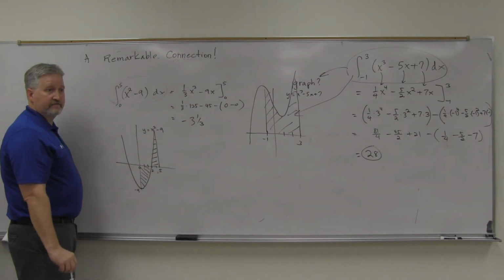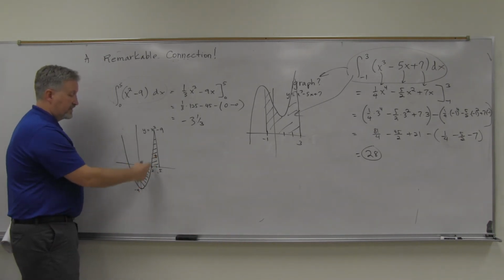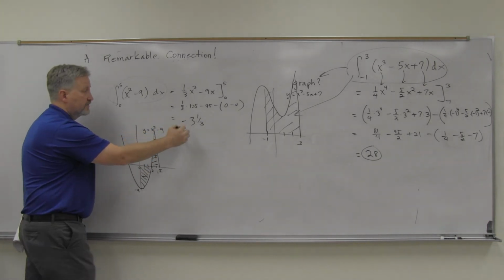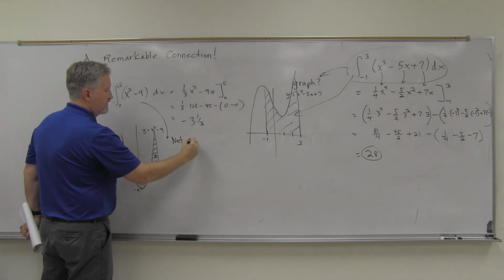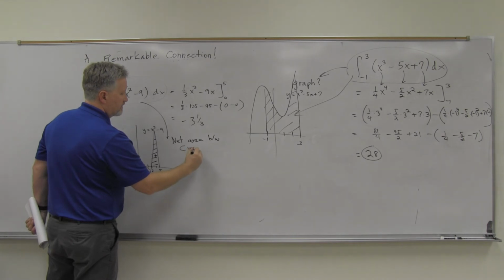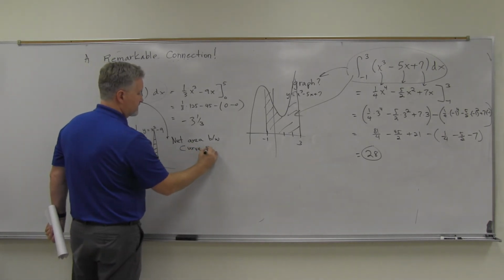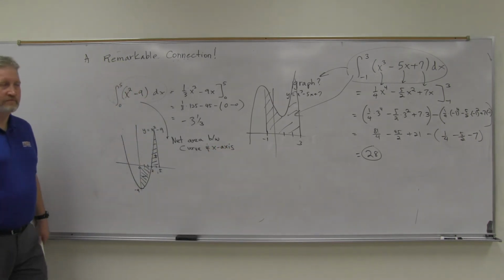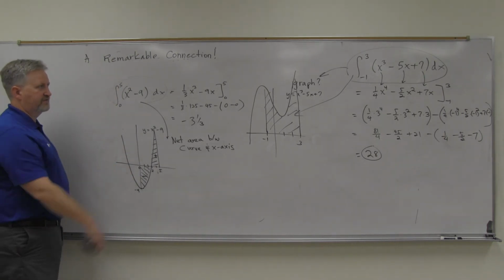Why is it negative? Well, this part's negative, this part's positive. It looks like there's more negative than there is positive because that's what the result shows. So this integral is that net area between the curve and the x-axis. We talked about the net. Sometimes you got stuff below.